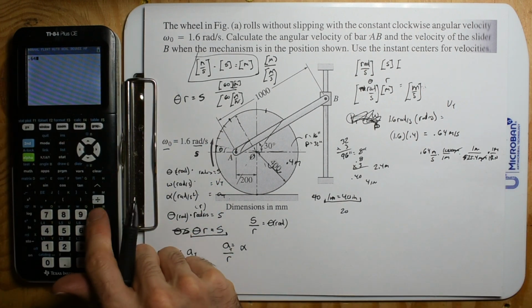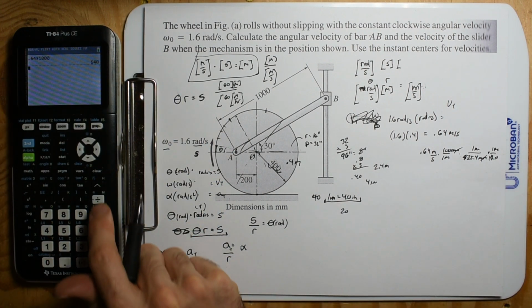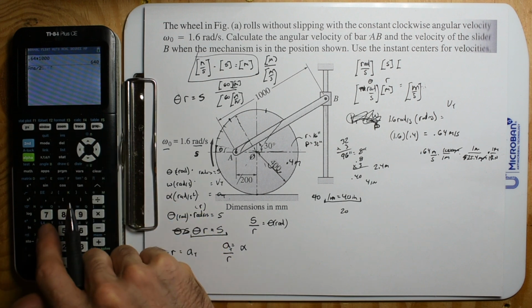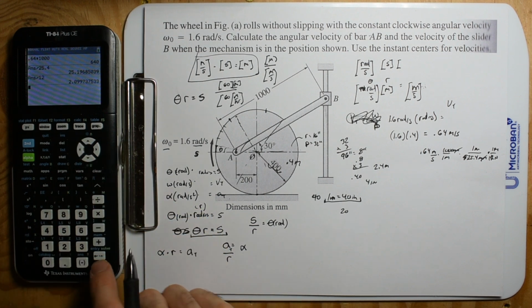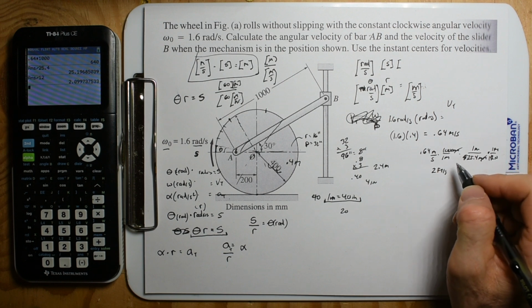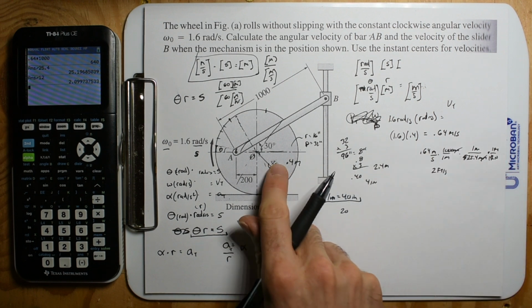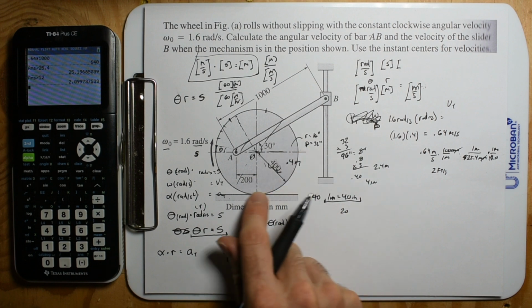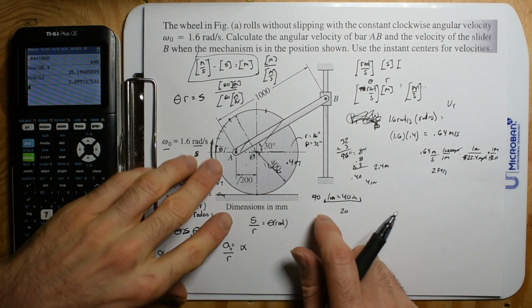So we got 0.64 times 1,000 divided by 25.4 divided by 12. Okay, so it's only like 2 feet per second.